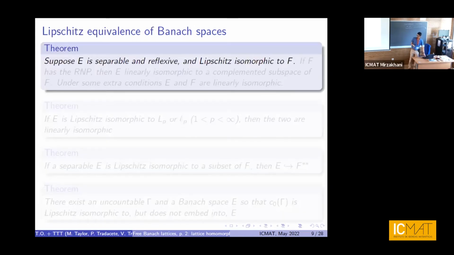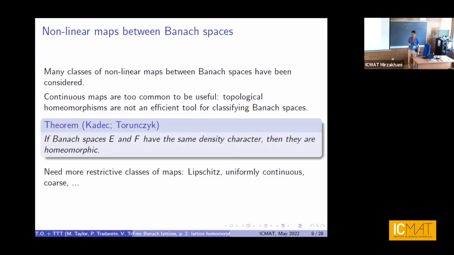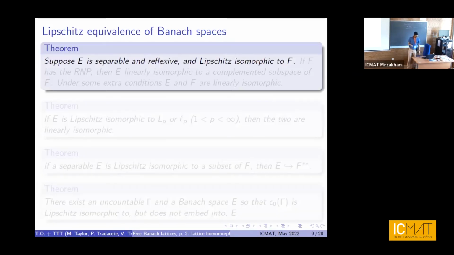I just want to mention a few things about the Lipschitz maps, just so that we will get a flavor and maybe figure out what to expect. So first of all, in certain situations, being Lipschitz isomorphic implies being linearly isomorphic.